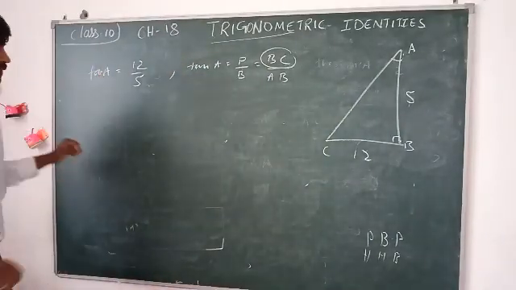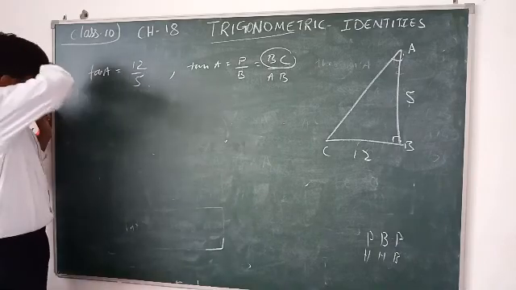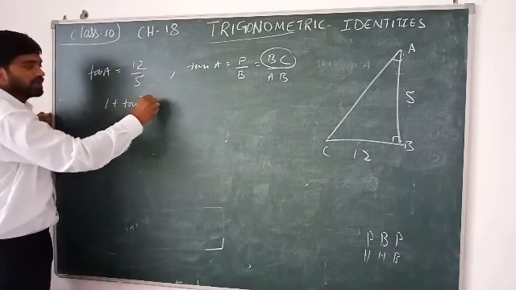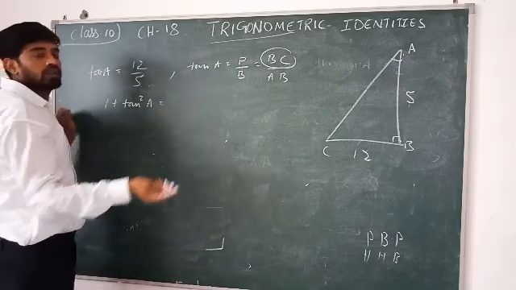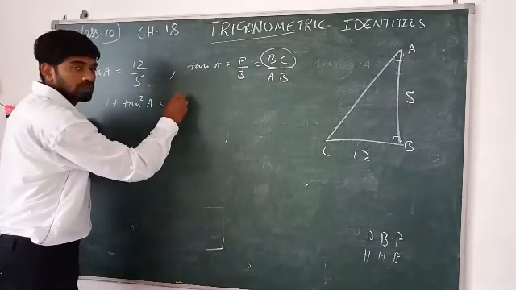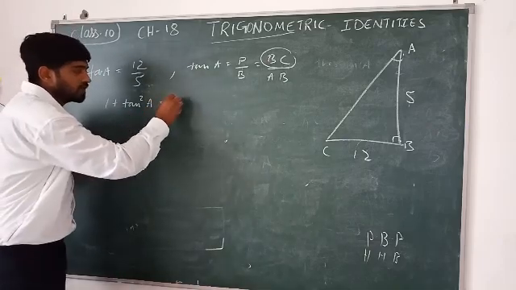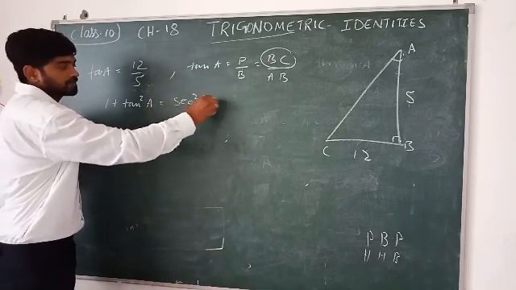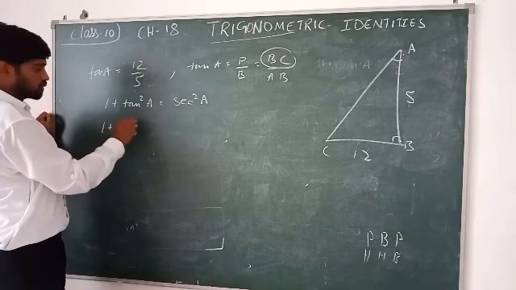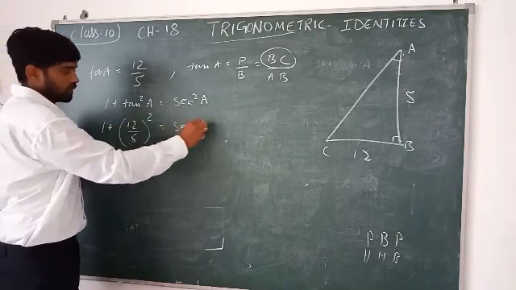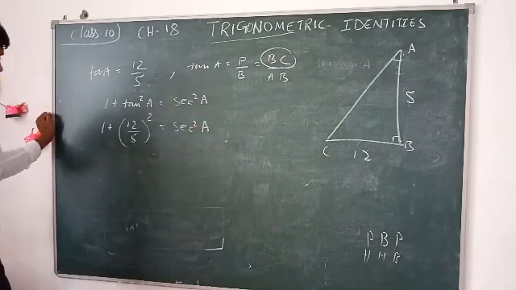But the simple way of doing this is also using the formula. Using the formula, 1 plus tan square A equals, we just did it, right? So we have to apply the same one, that is sec square A. So 1 plus (12 upon 5) whole square equals sec square A. I hope you guys are getting it.